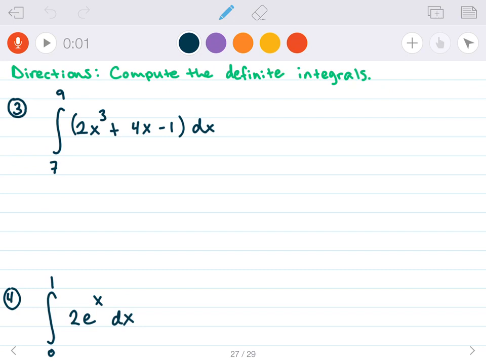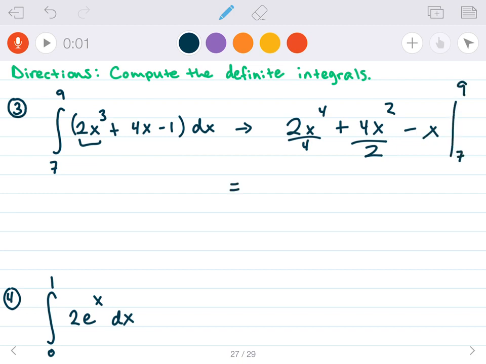All right, let's do some more examples here. Again, I'm going to first find the antiderivative. Term by term, the first one is 2x to the 4 over 4. The second one is 4x squared over 2. And the last one is just minus x. And I'm evaluating from 7 to 9. So I'm going to plug in 9 first: 2 times 9 to the 4 over 4 plus 4 times 9 squared over 2 minus 9.